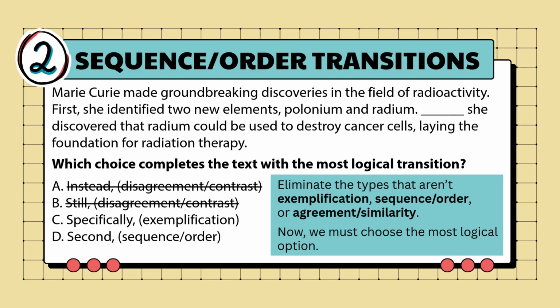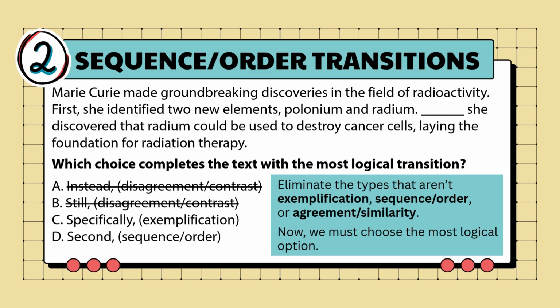Next, take a close look at the answer choices. You can immediately eliminate those options that aren't exemplification, sequence order, and agreement similarity. For example, I immediately noticed that instead is a disagreement contrast transition type, and so is still, so I can eliminate them.